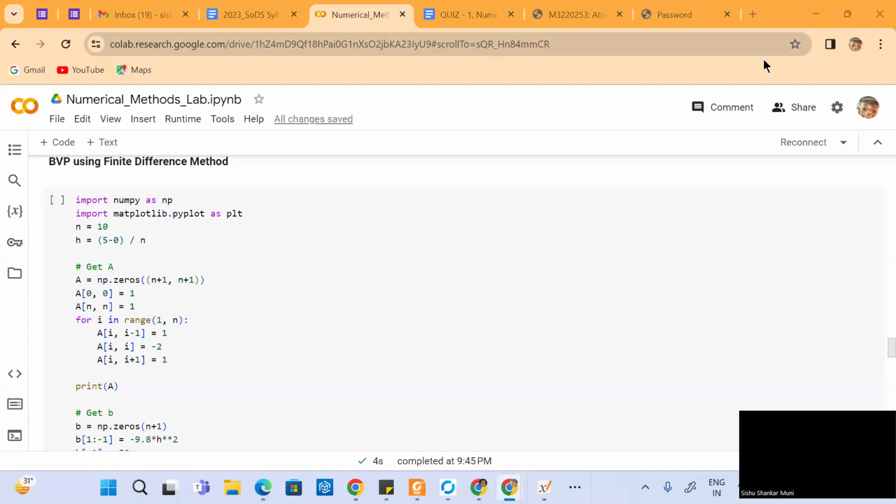Okay, so the problem was to solve the boundary value problem using the finite difference method. I had shown you the function.